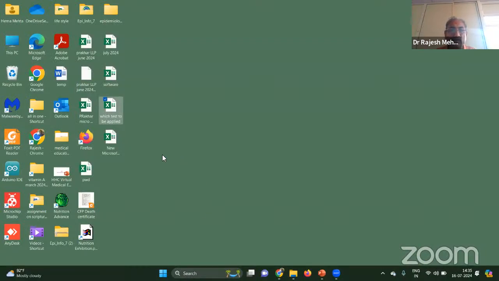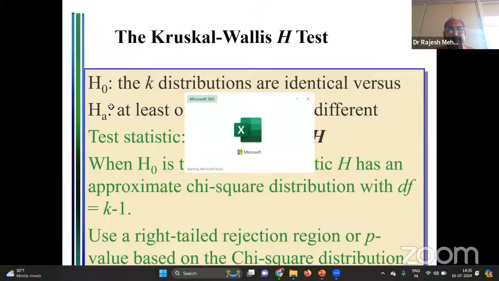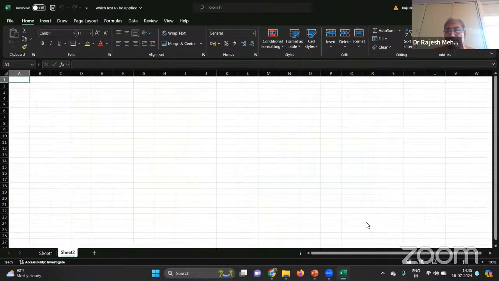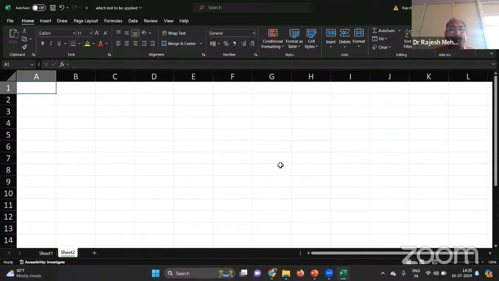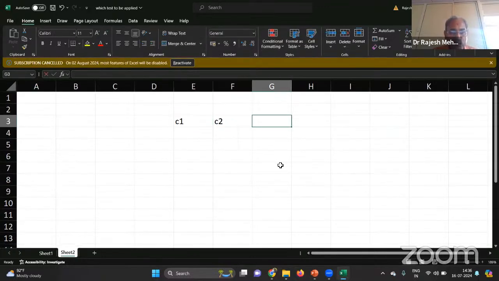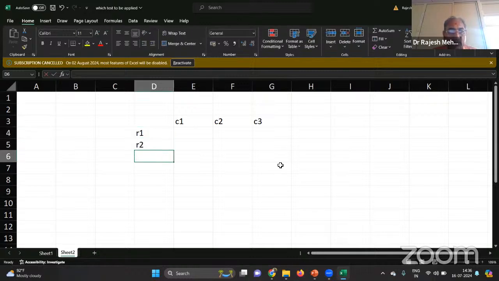Now, when we use the word degree of freedom in chi-square, this is column 1, column 2, column 3, and R1, R2, R3.